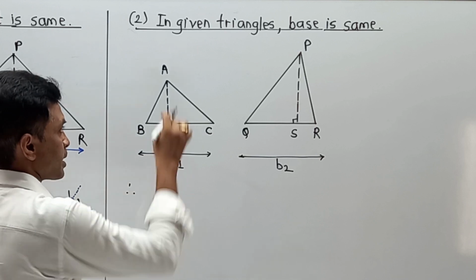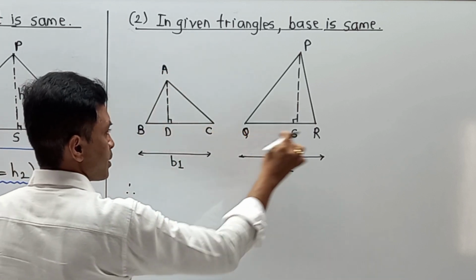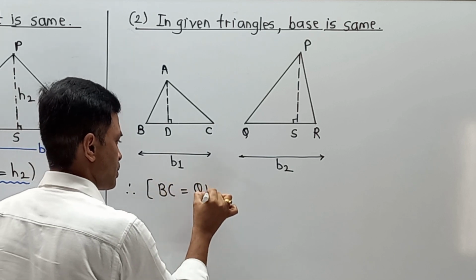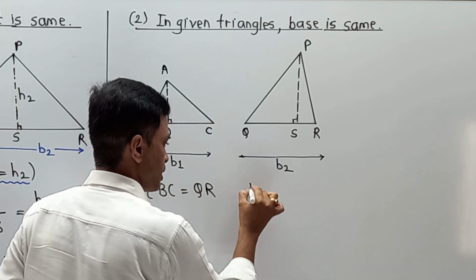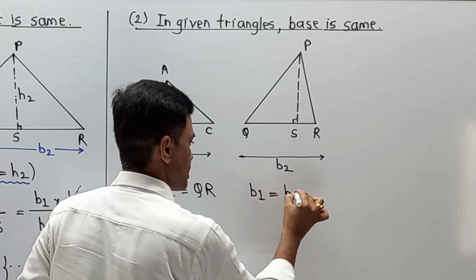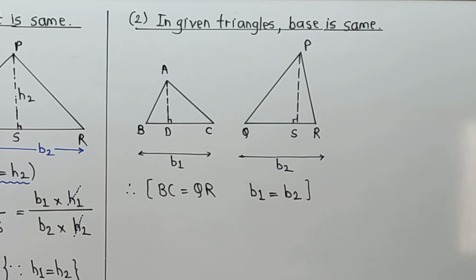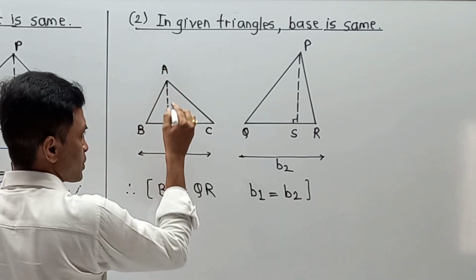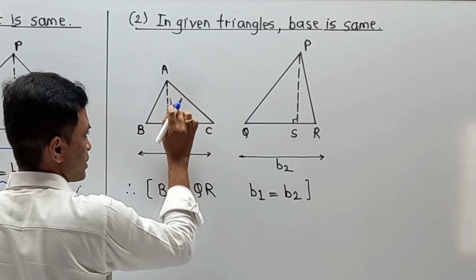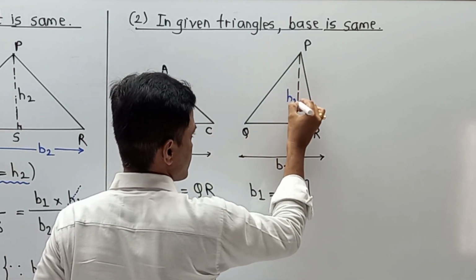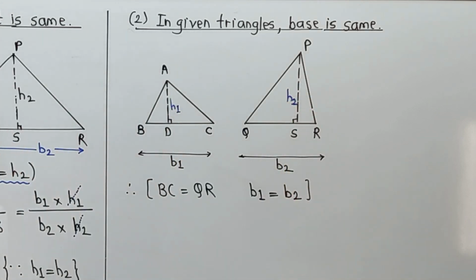So base BC is equal to QR, or logically you can say that base of first triangle is exactly equal to base of second triangle. Naturally here we are going to indicate height of first triangle as H1 and height of second triangle as H2. Now let us make the presentation and draw a conclusion from that.